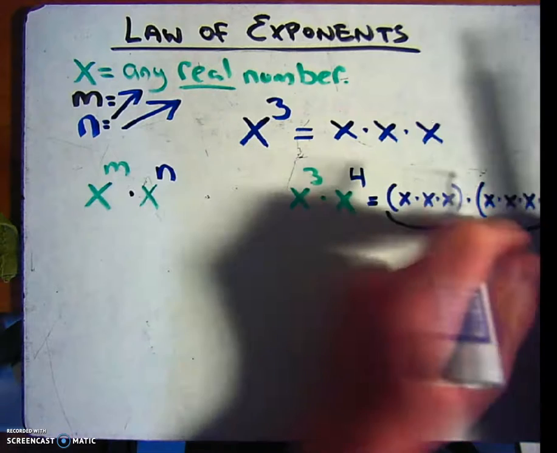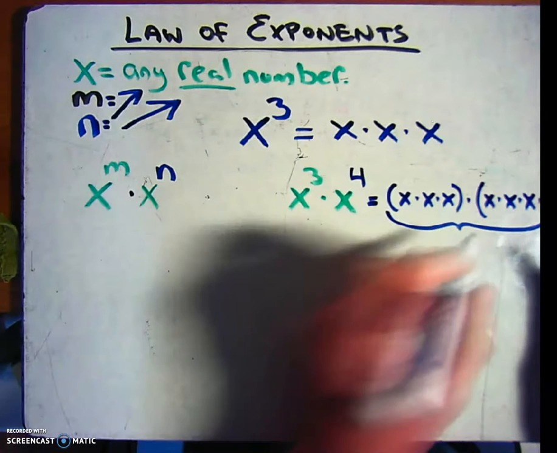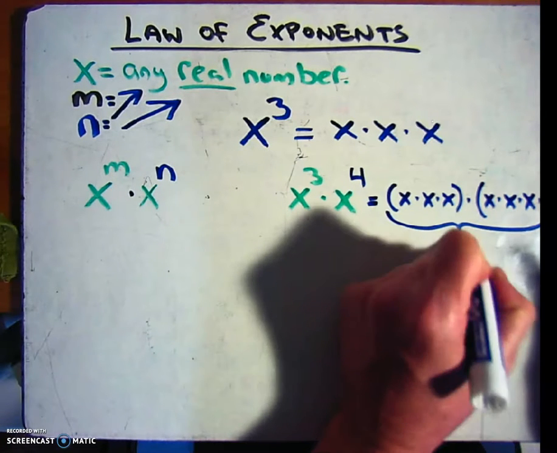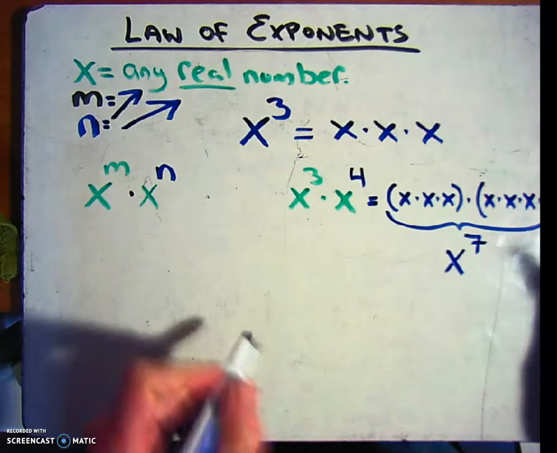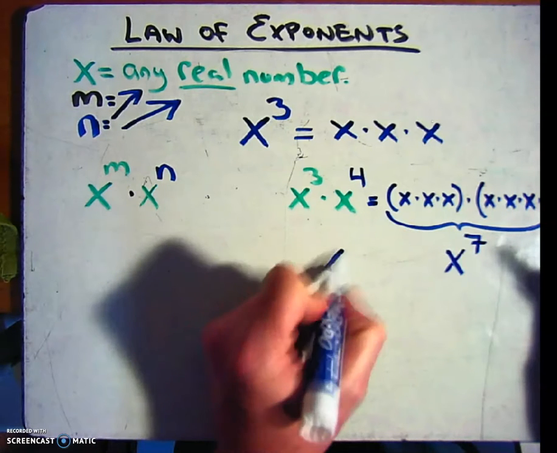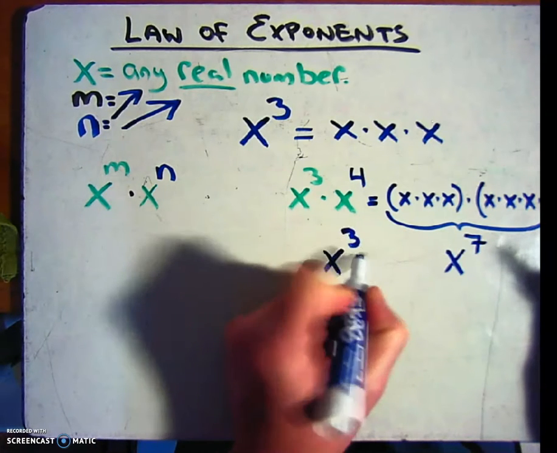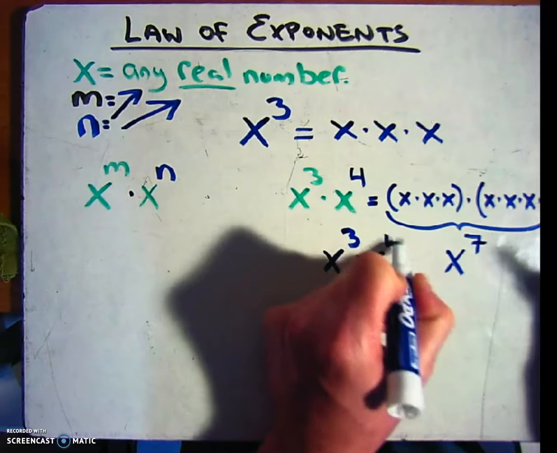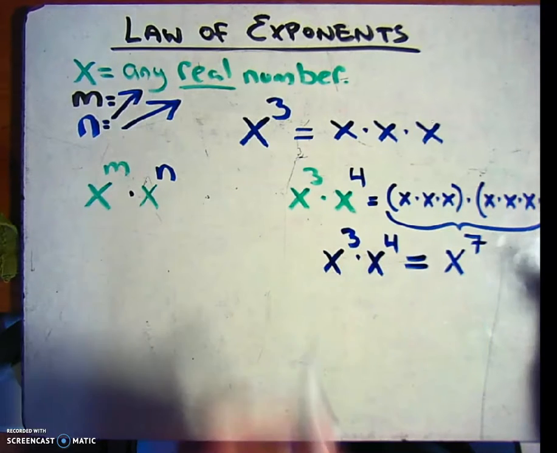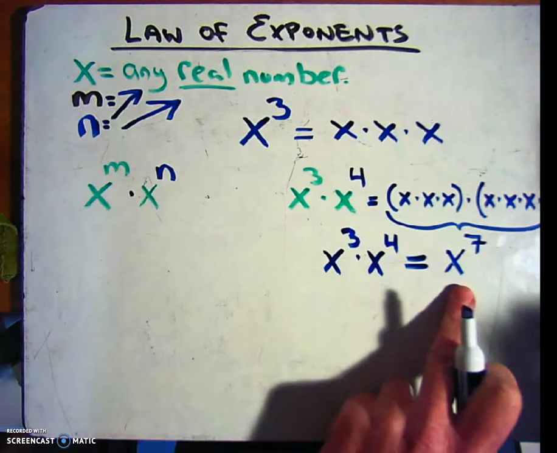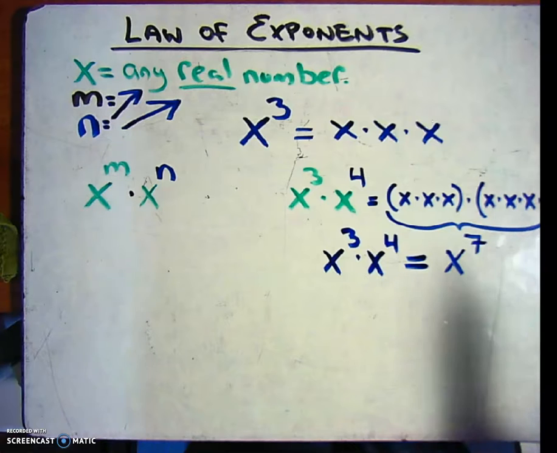So I can simplify that using exponents by writing it as x to the 7th power. So I see that x to the third power times x to the fourth power is the same as the expression x to the 7th power.